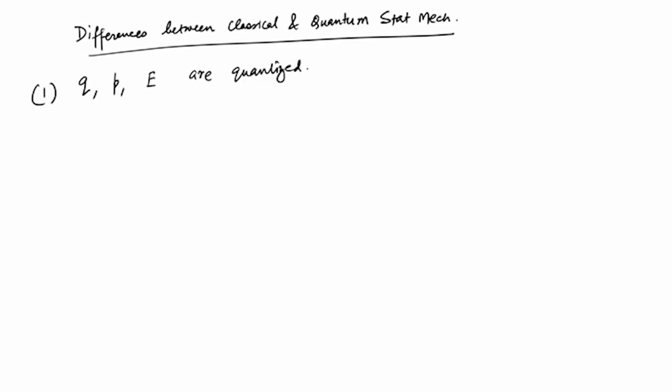And this quantization should actually take the scale of Planck's constant h or h cross. The h cross is equal to h over 2 pi. Most of the time this h cross is used, or in some cases h is used. Now, you have to understand that there is quantization in some sense even in classical physics, in classical electrodynamics and so on.